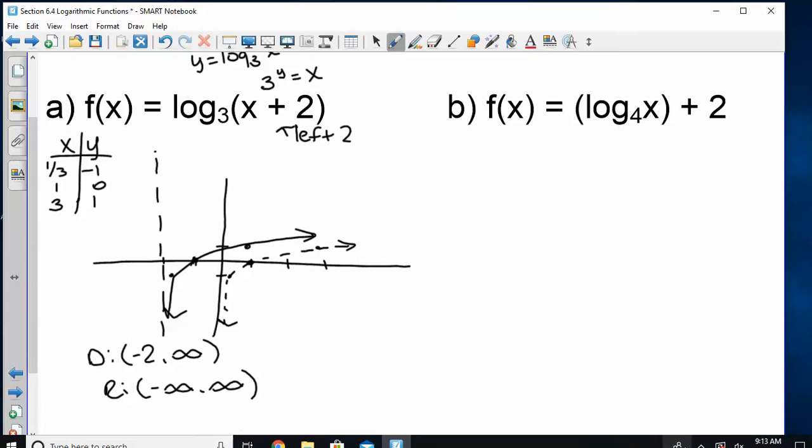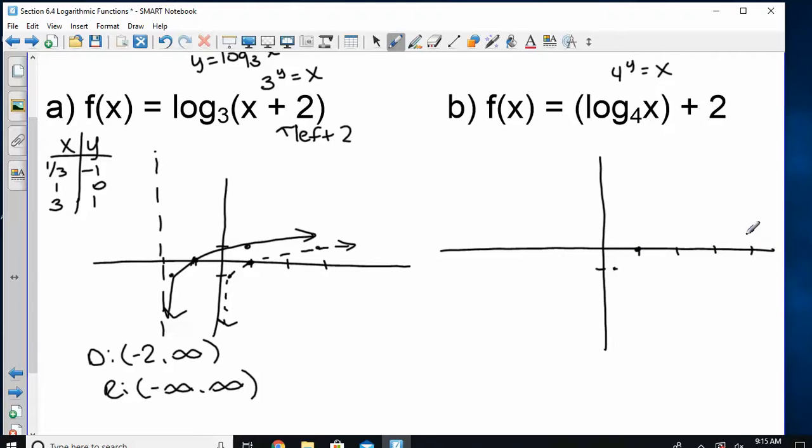Why don't you guys try B? So your parent function is the log base 4 of x, so you're going to start out by graphing 4 to the y equals x. If you plug in a -1 for your y, you get 1/4. You plug in a 0 for your y, you get 1. And if you plug in a 1 for your y, you get 4. So those should be the 3 points on your graph. And what's happening this time? It's going up. So does that move your asymptote? Yeah.